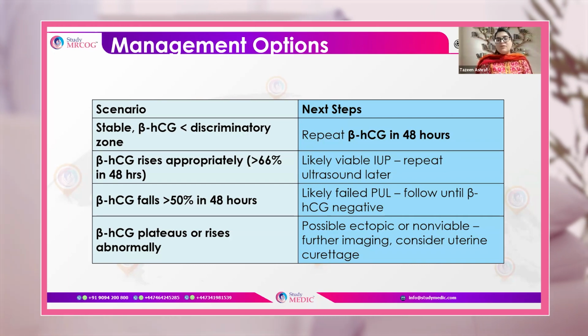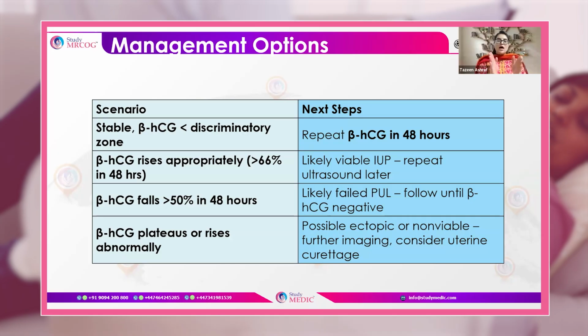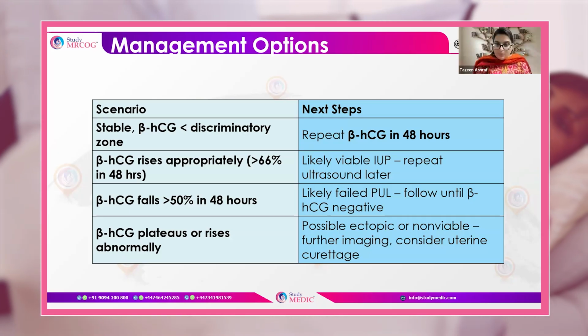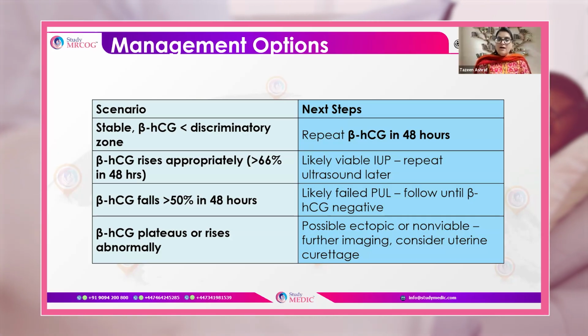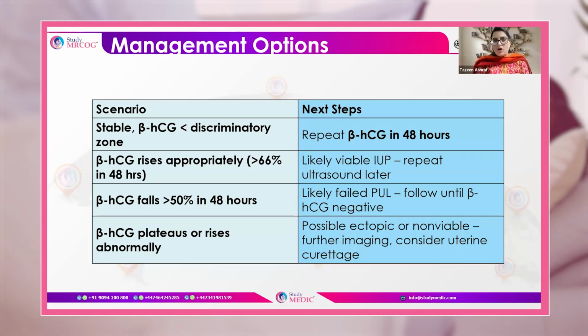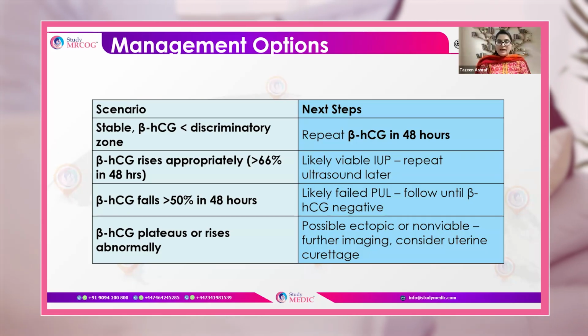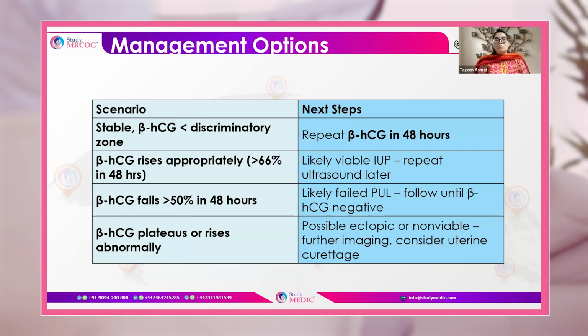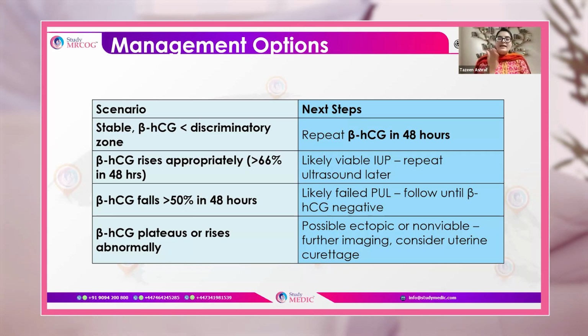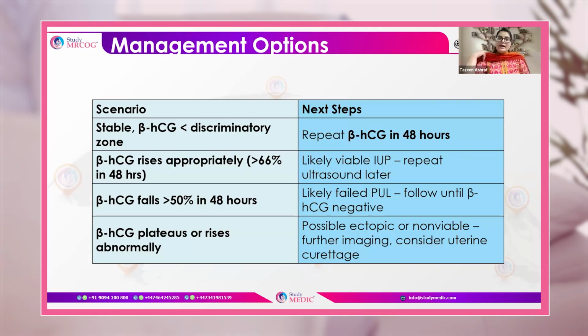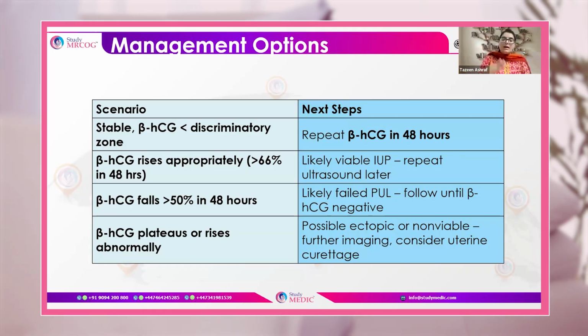hours. So now we have to see when we are measuring the beta HCG, which is known as pregnancy hormone, we have to see that it is markedly decreasing. That can be failing pregnancy. It is suboptimally increasing.